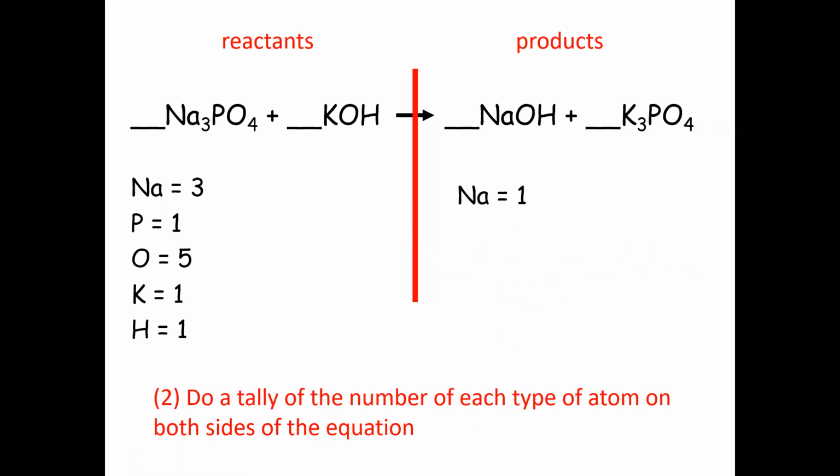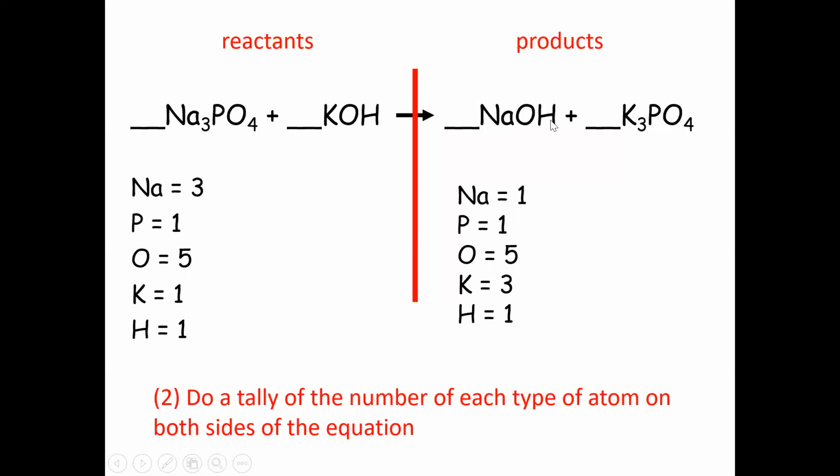And on the product side, you have 1 sodium, you have 1 phosphorus, you have 5 oxygens again because you've got 1 here and you've got 4 here, that's 5 in total. You have 3 potassiums and you have 1 hydrogen.